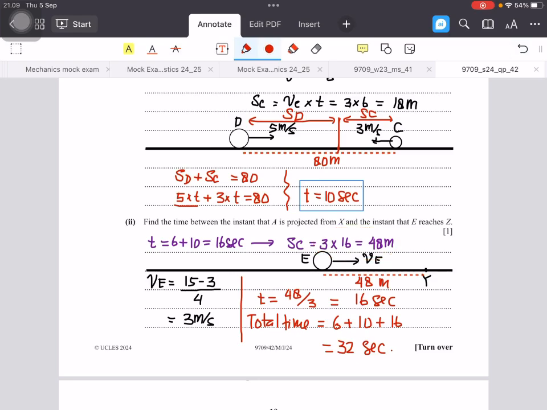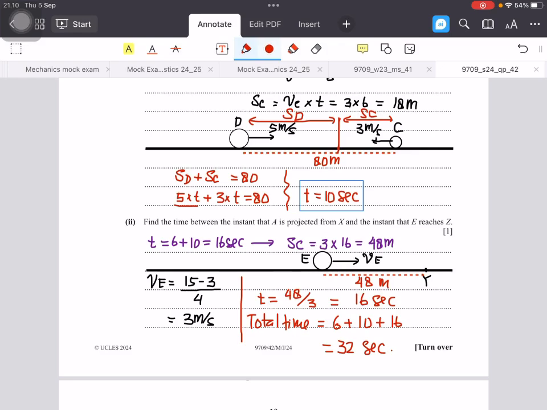And then after C collides with D, they coalesce and form object E, in which object E moves with speed 15 minus V over 4. The V is 3. 15 minus 3 over 4 is 3 meters per second.